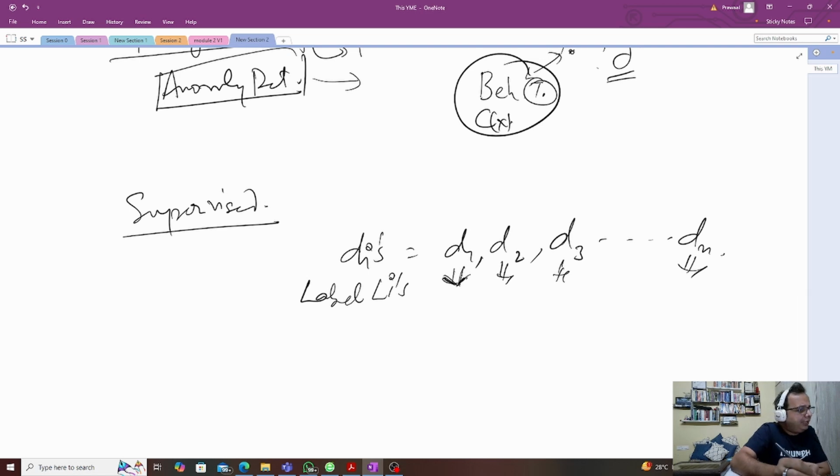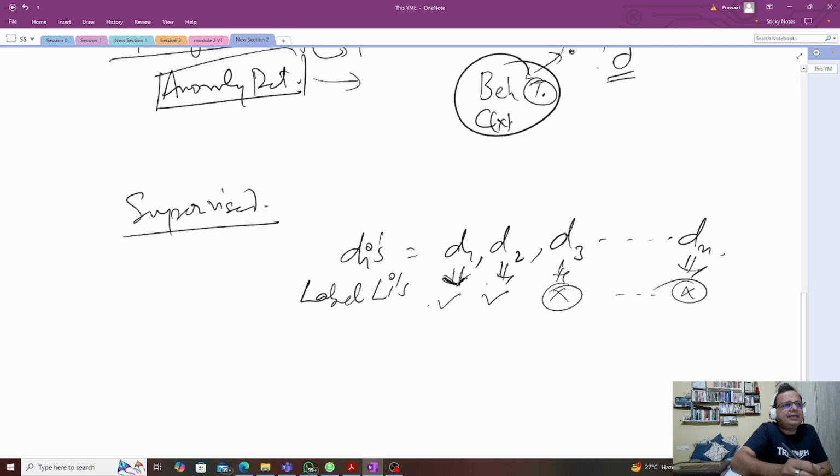So if it's visual data, you can say that okay, this is a cat, this is a dog. And if it is not visual data, let's suppose this is text data, if it is a part of speech kind of problem, you can say this is a noun, this is a verb, and so on. In the problem that we were discussing earlier, we can say yes, this person should be granted the loan, this person also should be granted the loan, this person should not be granted the loan. And who decides labels?